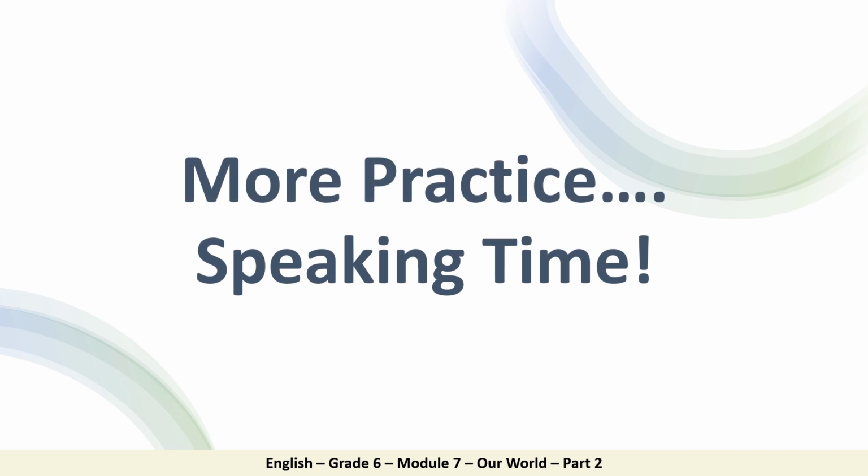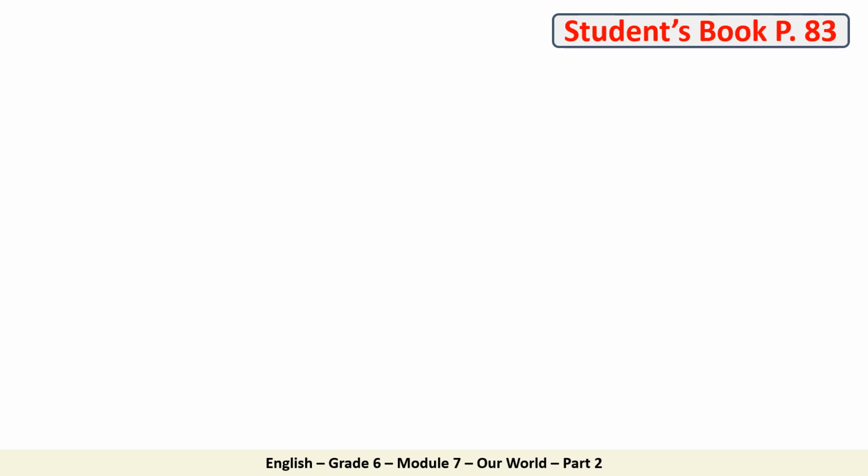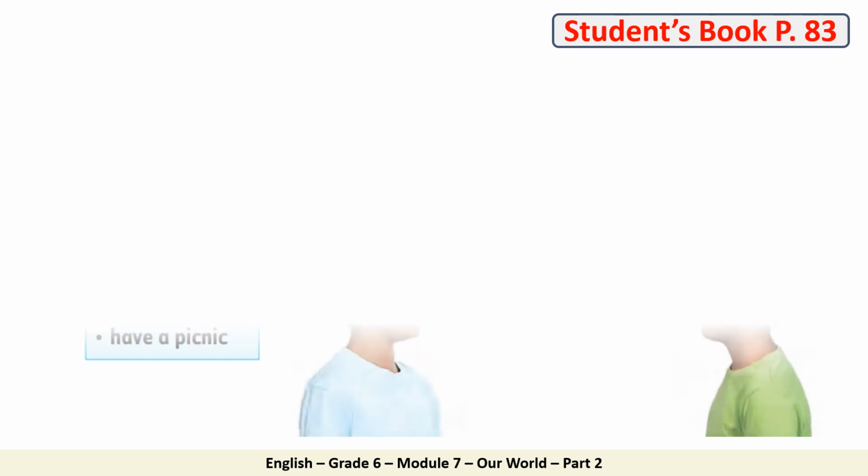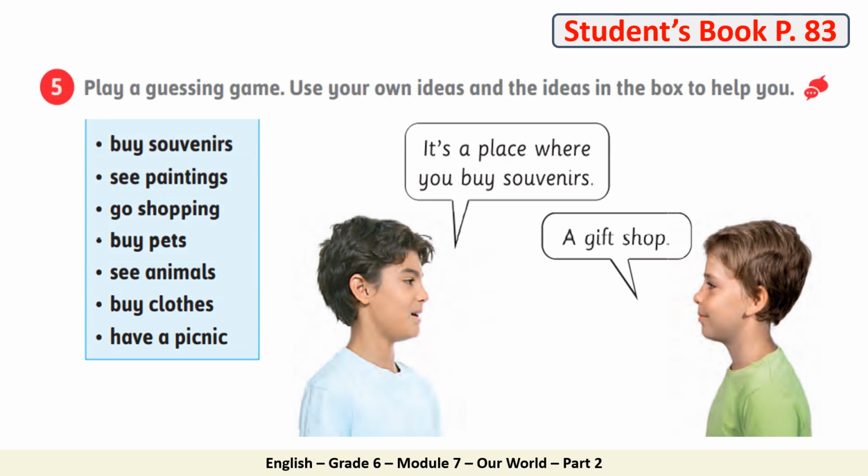And now more practice. Now we're going to learn how to form our own sentences through speaking. Let's go. Let's move this time to the Students Book, page 83. Exercise number 5. And again, we read the head of the question. We have, play a guessing game, use your own ideas, and the ideas in the box to help you.